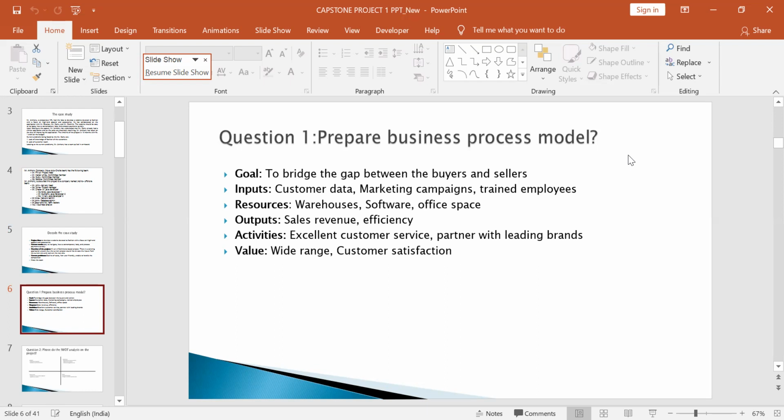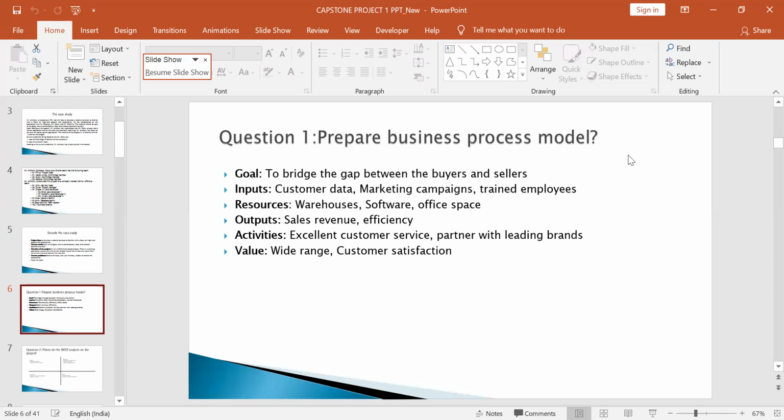For example, for this case study, what is the aim, the goal of this project? To bridge the gap between the buyers and the sellers. So we analyze the gap between the buyers and the sellers, who is buying and who is selling in this. We identify the gap.